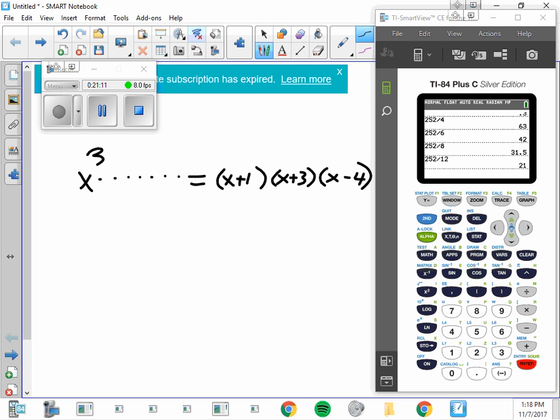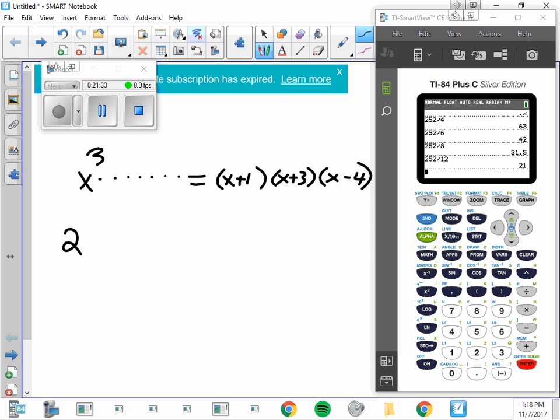So there should be a way to take an x to the third equation and simplify it down into its 3 binomials, and that's where we're headed. We're really good at doing that with quadratics, but x to the thirds are more complicated. So instead of going clear to the end, we're just going to practice a little bit of going backwards.